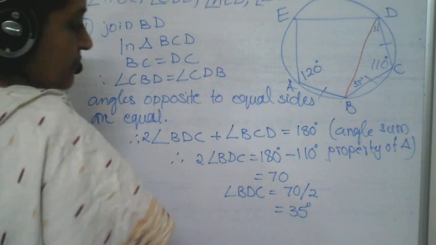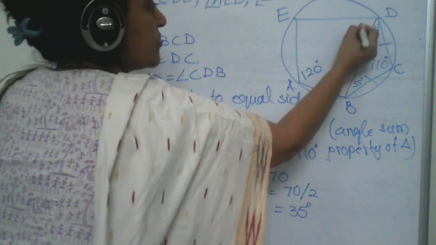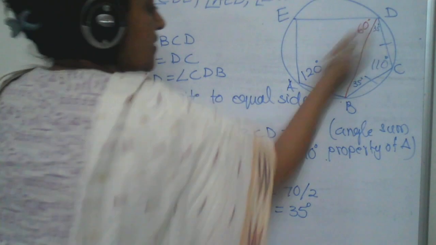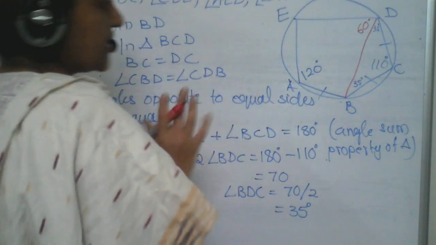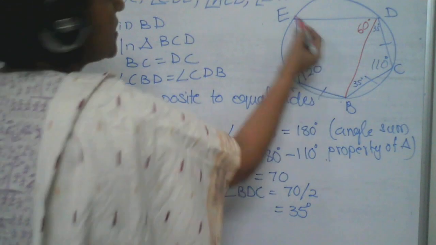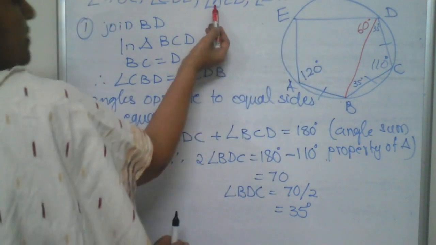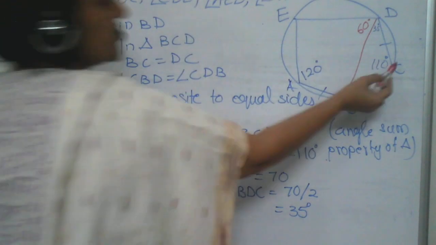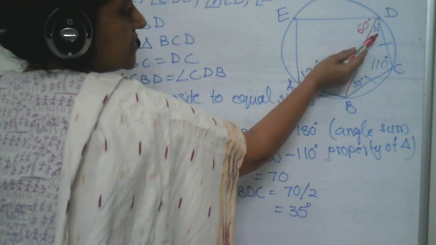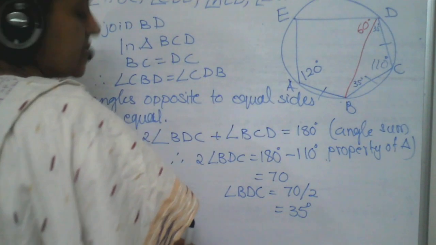Then if they are supplementary, this has to be 60. Why? The sum of these two is supposed to be 180, supplementary in the sense 180. Now you must have got it. If I have to get EDA, EDC or CED, CDE, I'll add this and this, so I will get the answer for it.